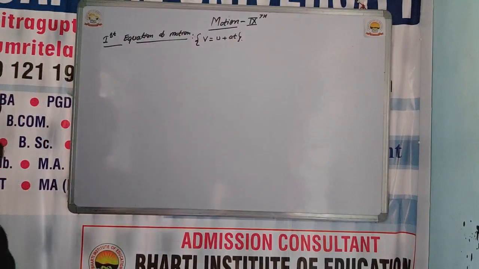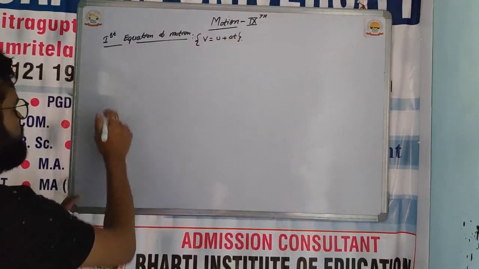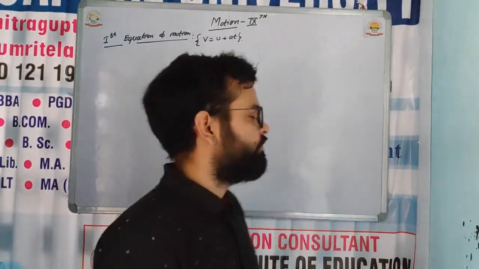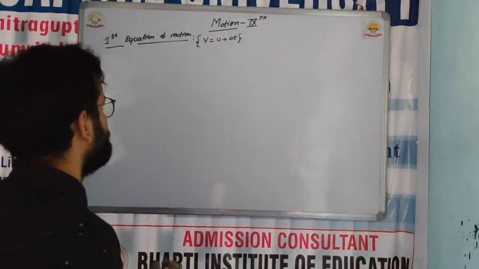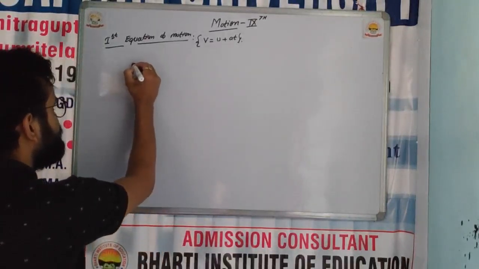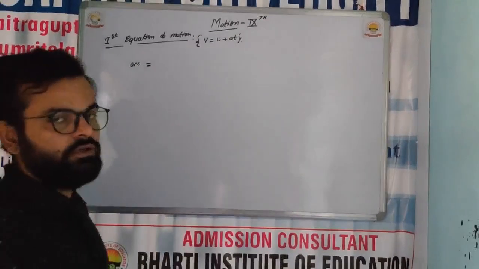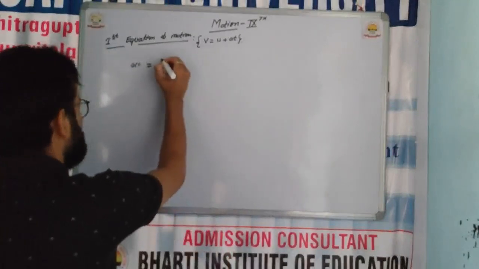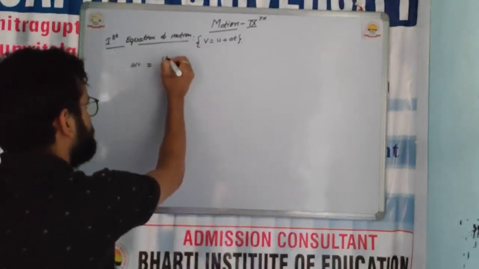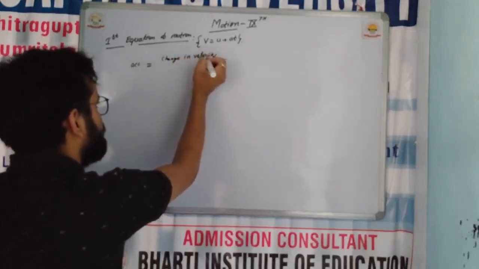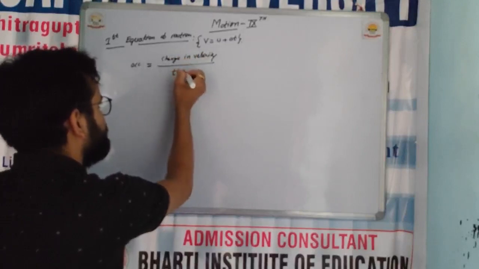Now, in the algebraic method, we mostly use formulas which we have studied in the theoretical portion by their definitions. For example, for the first equation of motion, as we know, acceleration equals the rate of change of velocity. It means change in velocity by time taken.